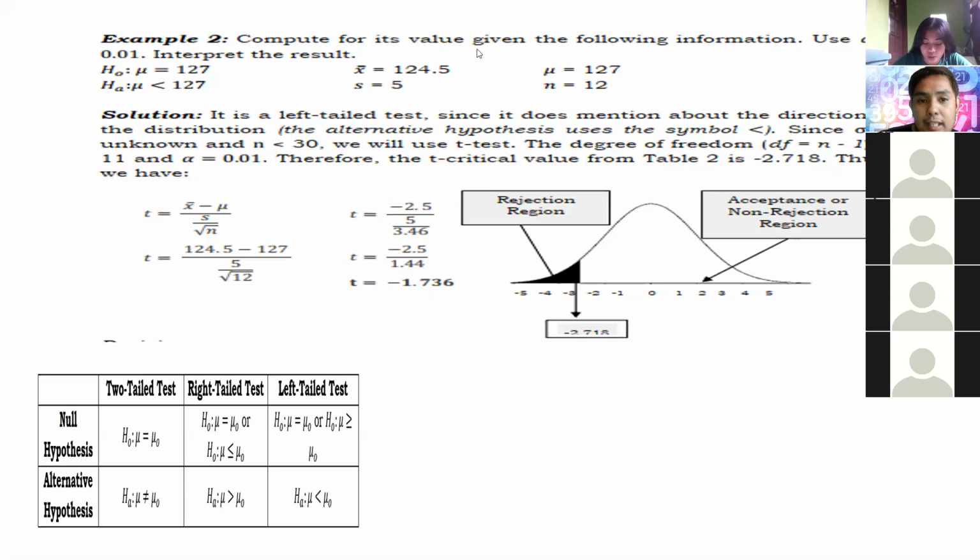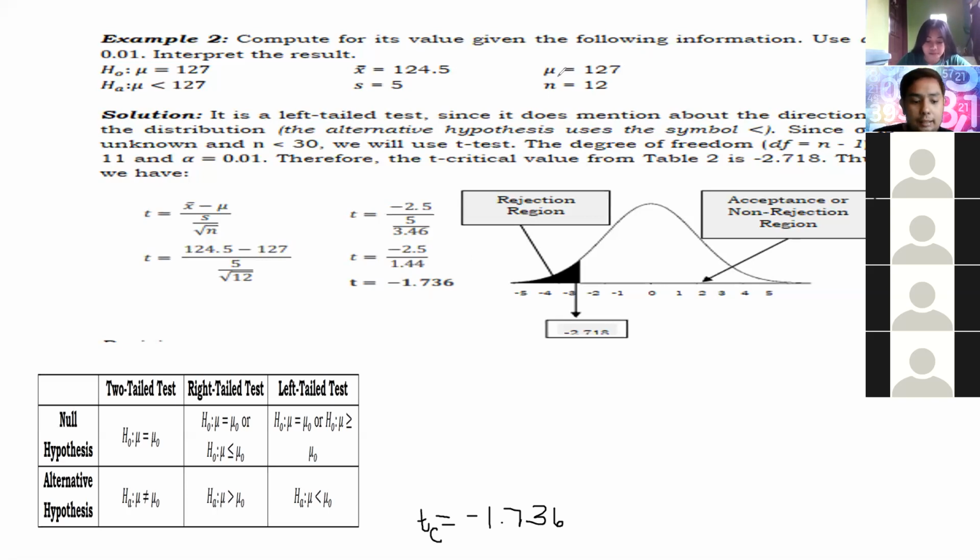Negative 1.736. Sulat ko lang po dito ha, para po magamit natin. T computed is equals to negative 1.736. Okay, ngayon, it is one direction. Okay po. Tandaan natin, we have n as 12.